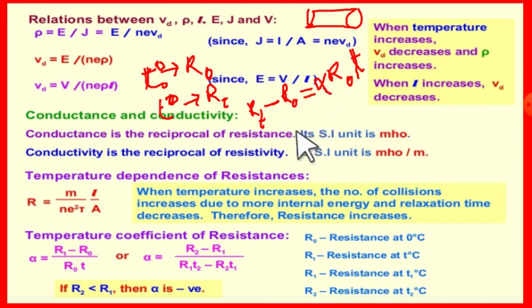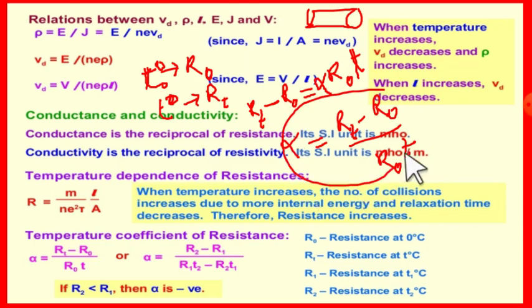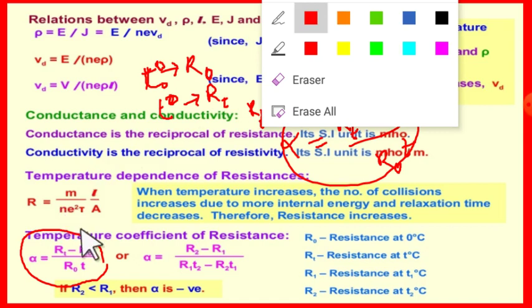So if you want to express this alpha, then alpha will be equal to RT minus R naught divided by R naught into T. So this expression is here. This is how the temperature coefficient of resistance formula comes; you will get it from here.